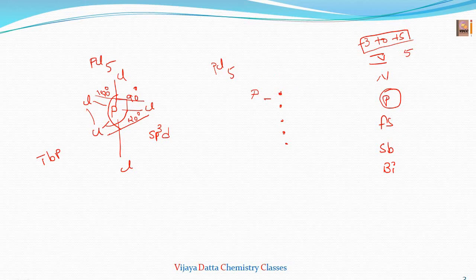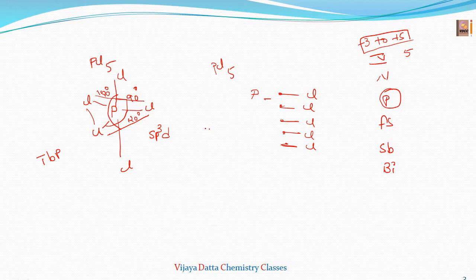Chlorine will form a single bond only. So 5 chlorines we have. 5 chlorines will form bonds with the 5 valence electrons. Now, all are sigma bonds only. 1, 2, 3, 4, 5. So 5 we have.